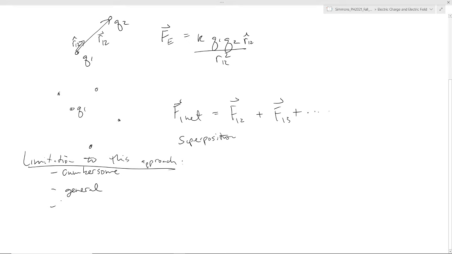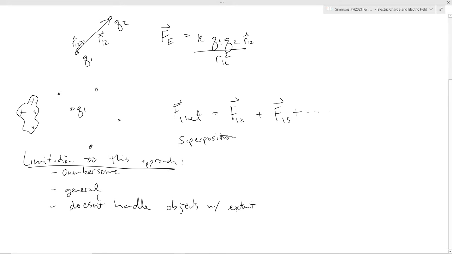Another thing is it doesn't handle things that aren't points, basically objects, things with size, extent. Imagine some metal thing that you've touched to something charged, so it has charge on it. That object is not captured in this picture because it's not a point. You can't just add up the charge at some point because it has size.